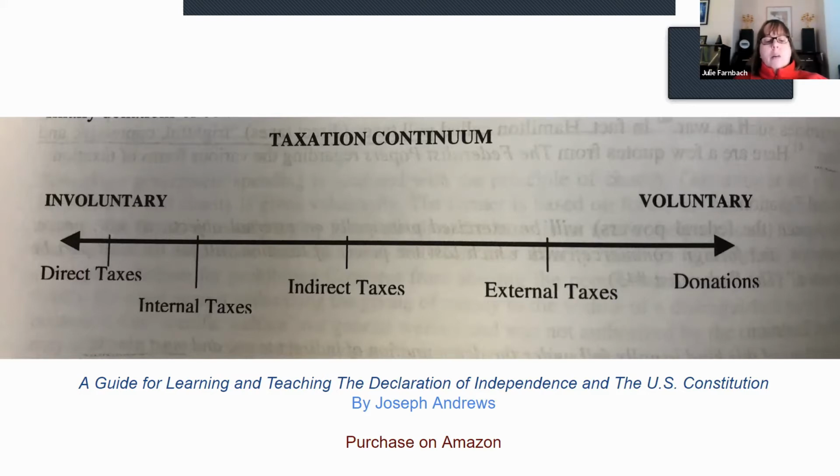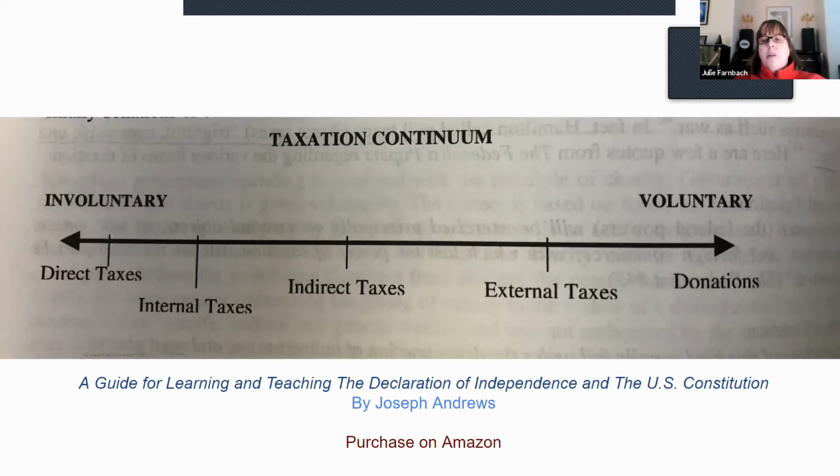They support the government, but they are a drag on the economy, not as badly as direct or indirect taxes, but internal taxes needed to be minimized as well.